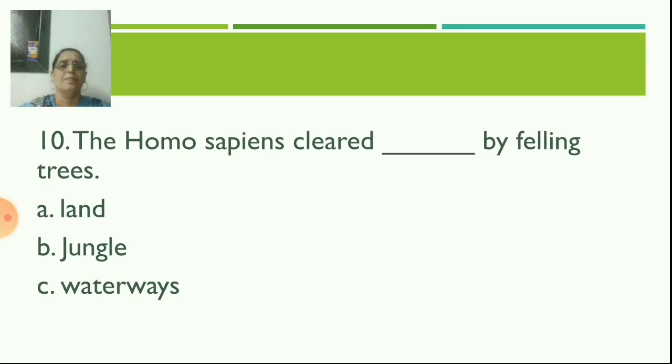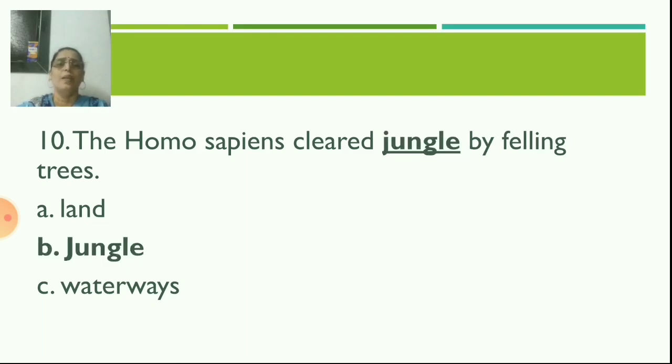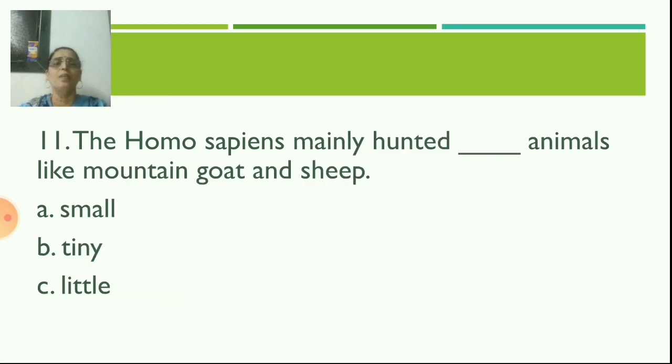Okay. Now the next, 10th. The Homo sapiens cleared dash by felling trees. Options are A. Land, B. Jungle, C. Waterways. And the answer is B. Jungle. So students, the Homo sapiens cleared jungle by felling trees. Okay. Next, 11th.